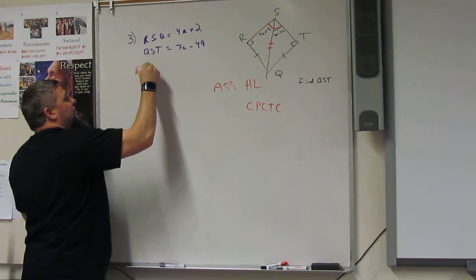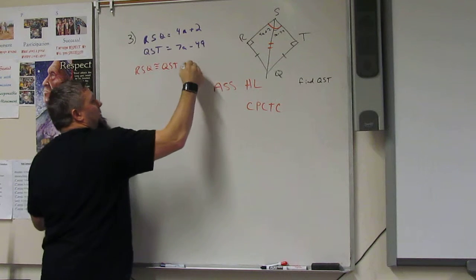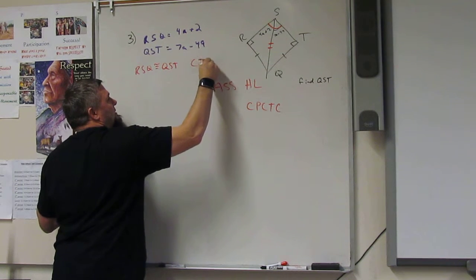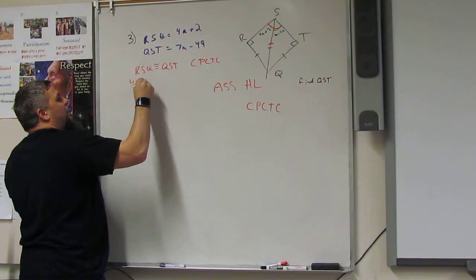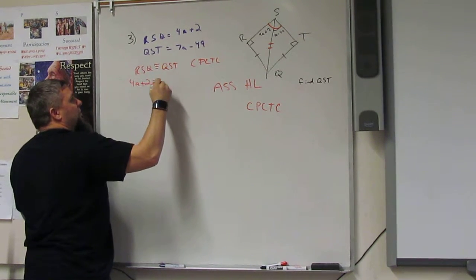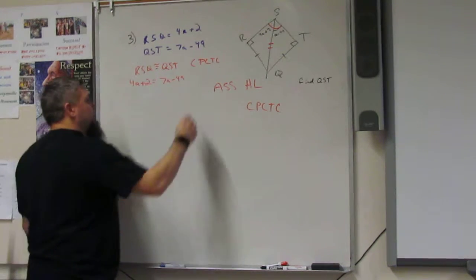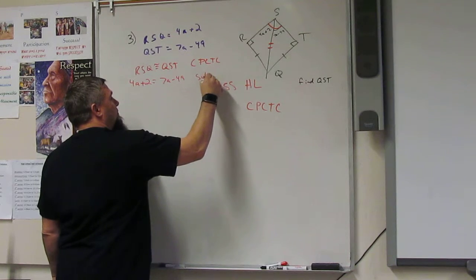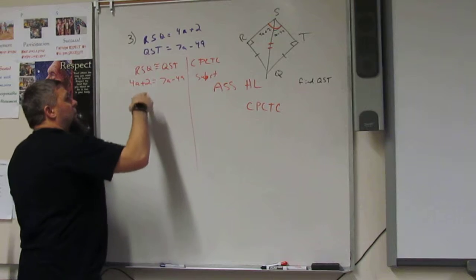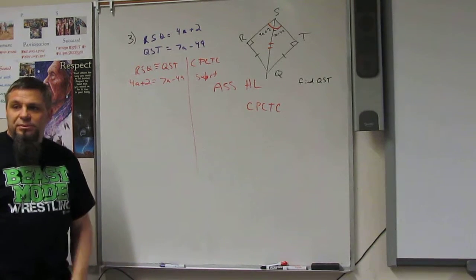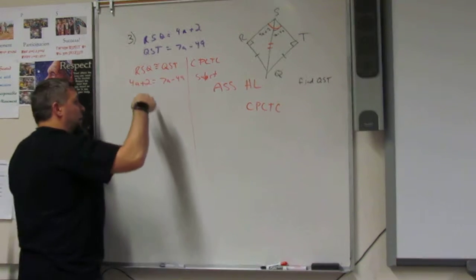Then RSQ is congruent to QST because of CPCTC, right? So I've got 4A plus 2 is equal to 7A minus 49. Substitution. Okay? Now it's just simple. Back to old school, chapter 1, solving, right?